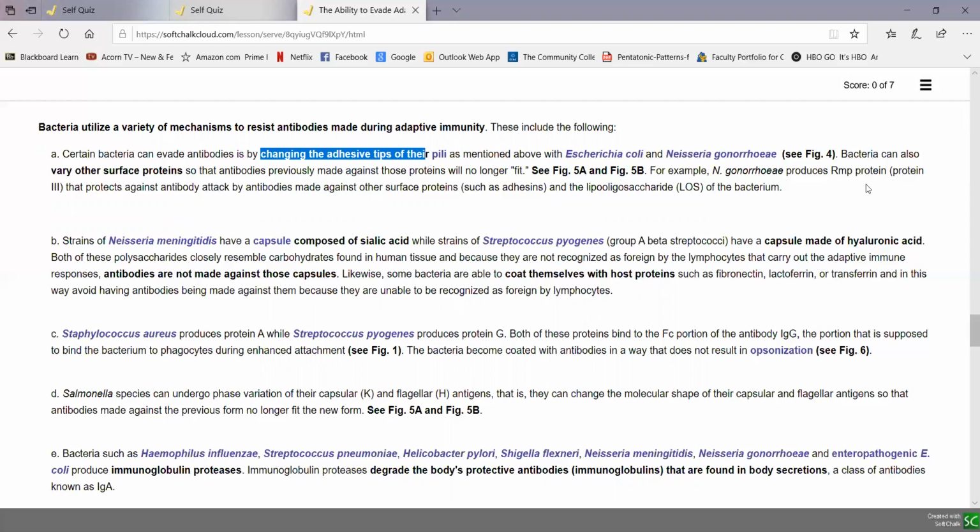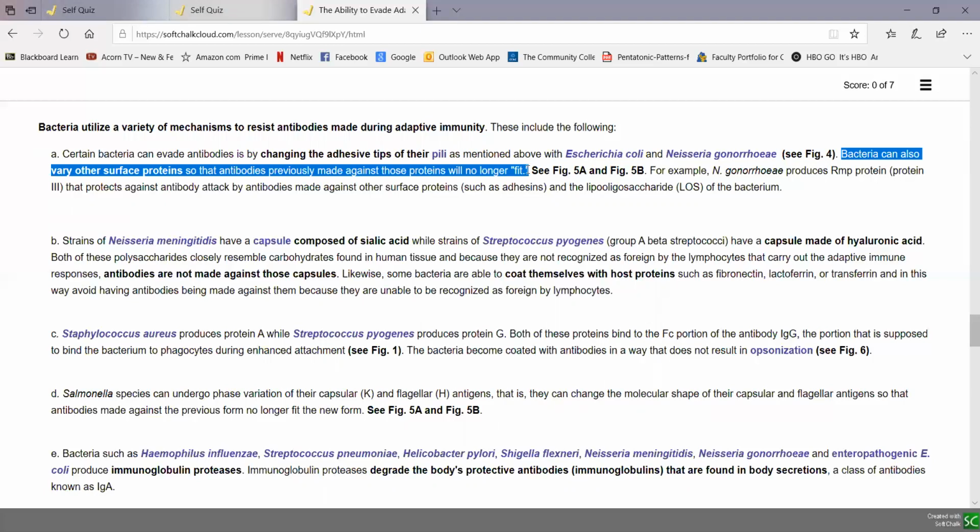But also then bacteria can, by altering the adhesive tips of their pili, change the shape so that antibodies made against the previous shape no longer fit. And the same applies to adhesins. By changing adhesins, antibodies made against a previous adhesin don't fit the new shaped adhesin. So by being able to make new adhesins or new adhesive tips to pili that have a different shape, every time we see this new shape, we have to start all over again making new antibodies that fit that shape.